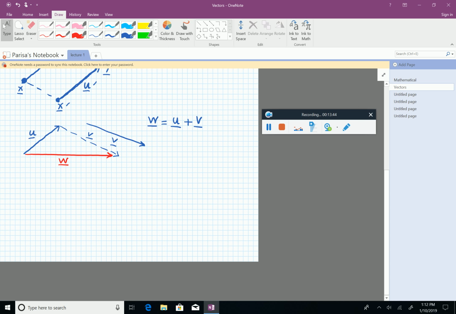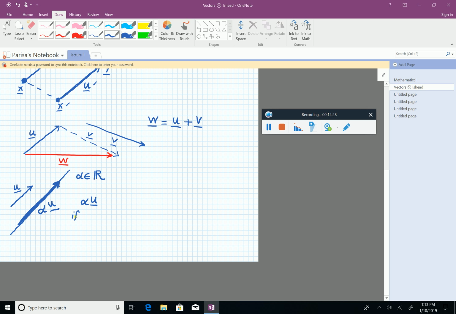Another important operation is multiplication by scalar. So if we have vector u, we can multiply it by a scalar alpha. So alpha belongs to the set of real numbers, and alpha u is another vector.